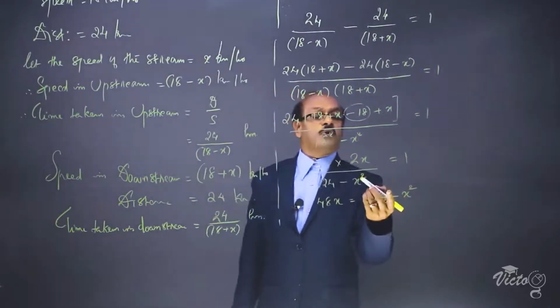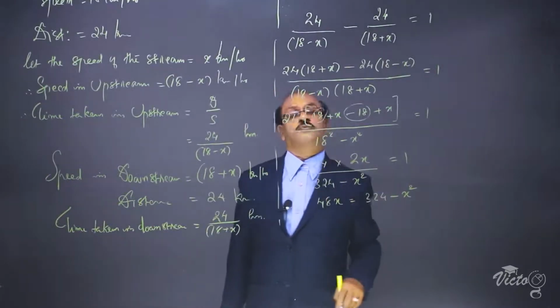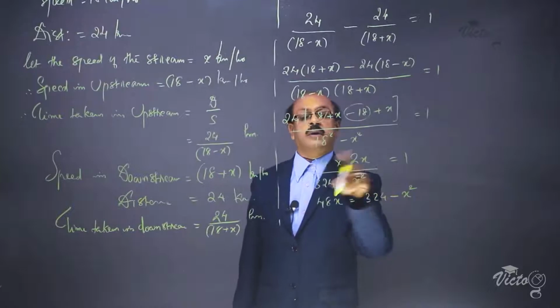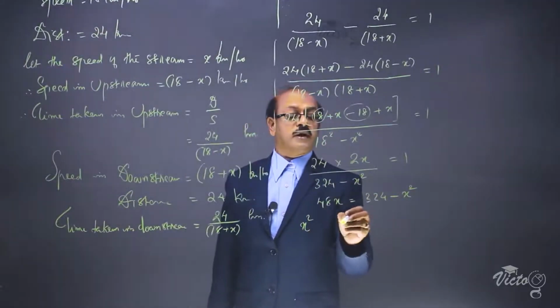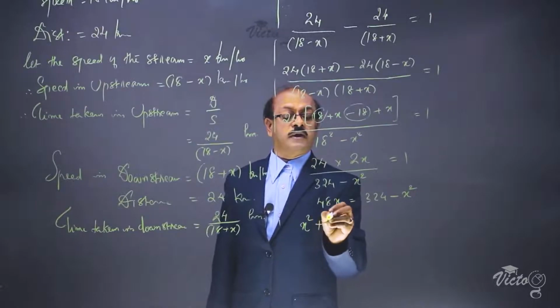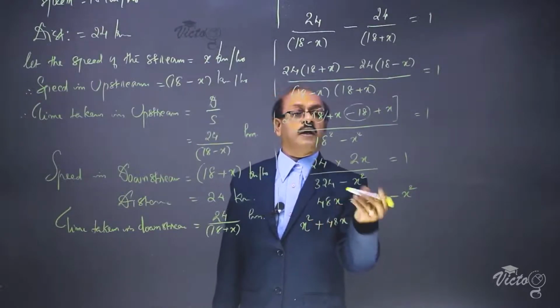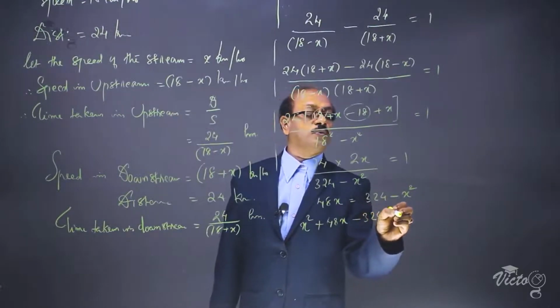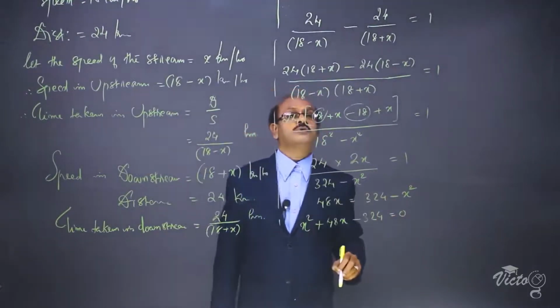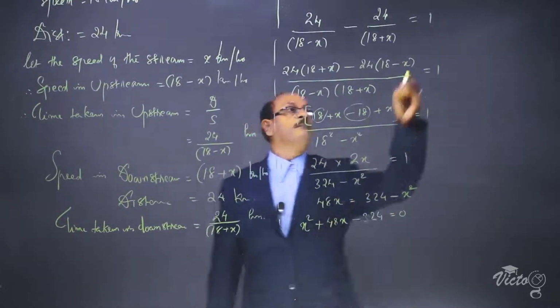We can move these two terms to the left: minus x square will be plus x square, and 324 is minus 324. Here there exists 48x, then 324 to this side, minus 324, is equal to 0. Now we have to use the quadratic formula.